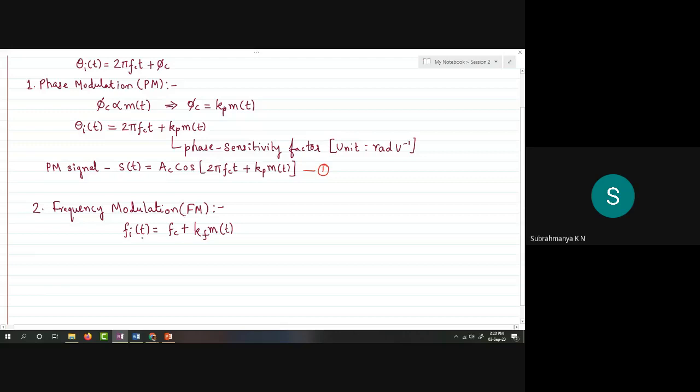Here, very similar to our phase sensitivity factor for the PM wave, kf can also be called a frequency sensitivity factor.